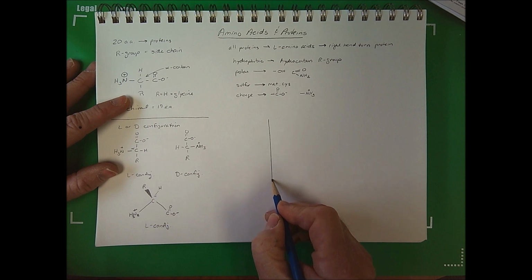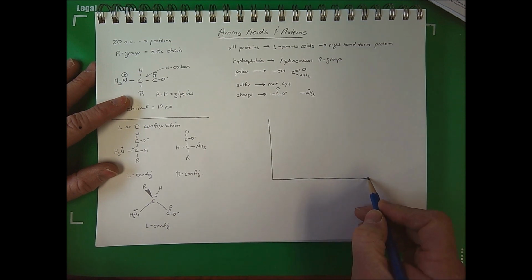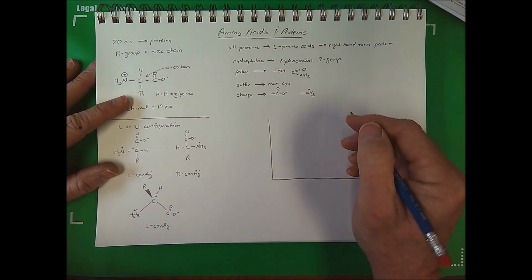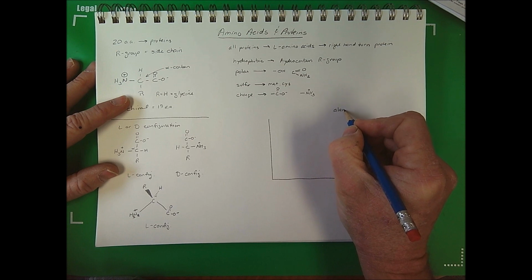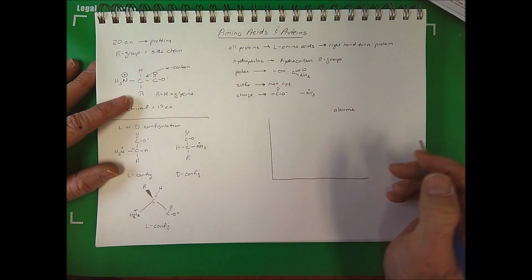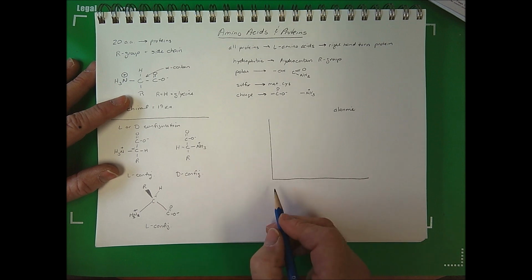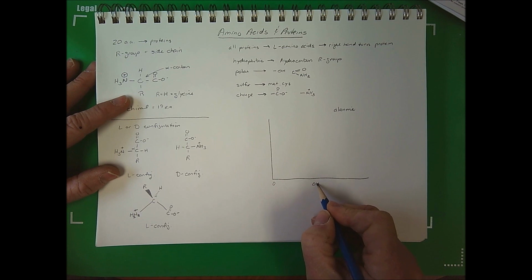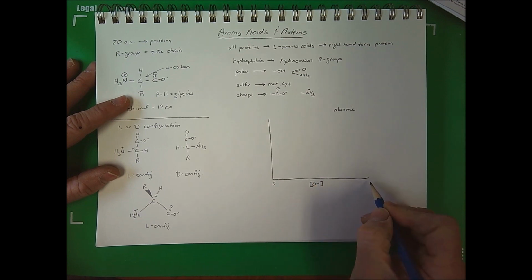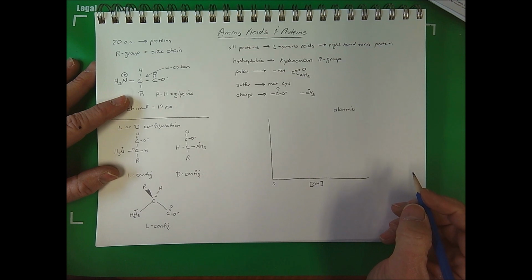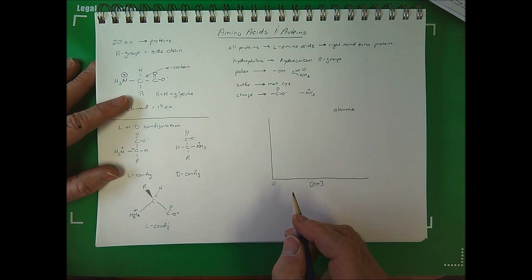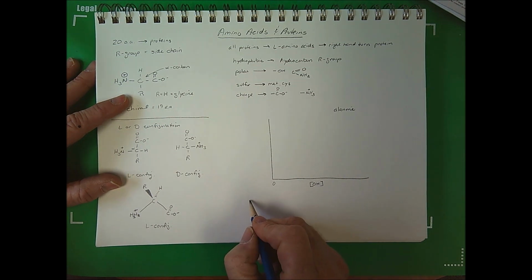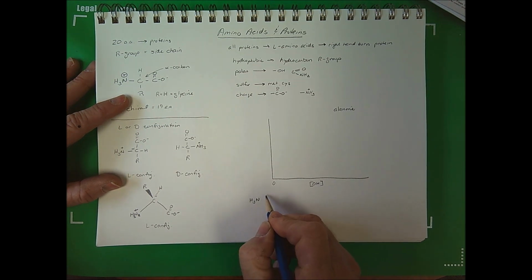So let's take a look at the titration curve of a particular amino acid. And let's start out with a simple one. Alanine. Now alanine, if we have no hydroxide ion present, alanine will be in its most acidic form. And its most acidic form is going to be the fully protonated form.